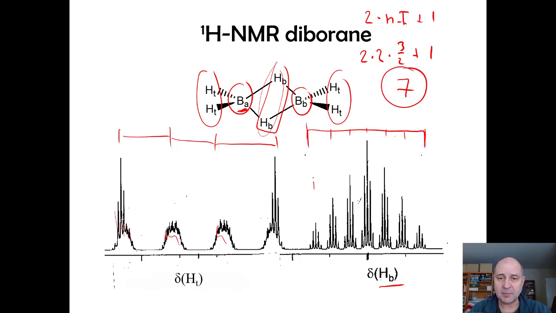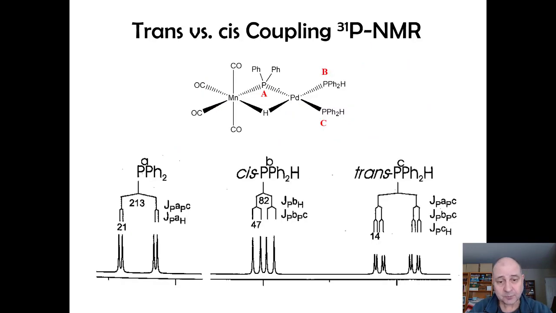That's your heptet. And then each of those is further split by 4 hydrogens, right? That's spin 1/2, so we see pentets, right? So 1, 2, 3, 4, 5. So this heptet gets split into pentets. So the signal we see for the bridging hydrogen is a septet of pentets. Okay, all pretty fascinating, right?